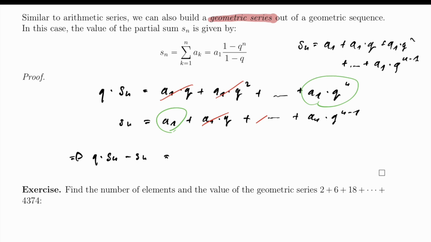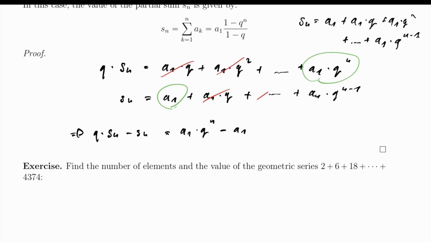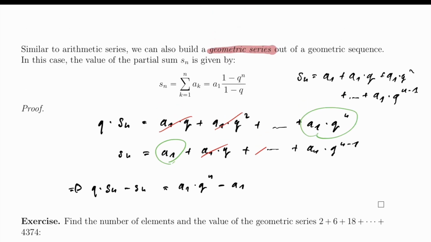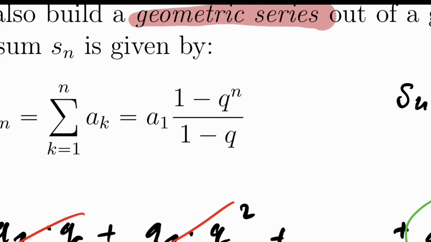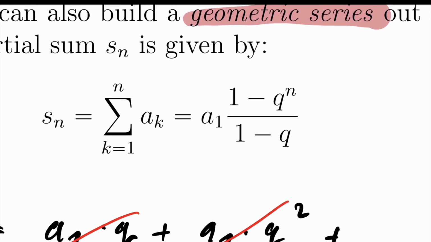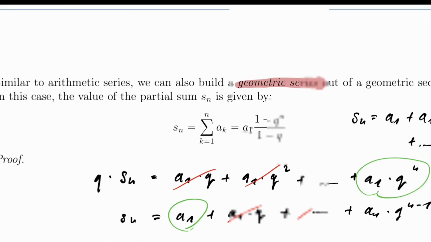So you get a1 times q to the power of n minus a1. And then you can factor out the Sn on the left and divide by q minus 1, and then you get the formula here. So the general formula for summing up n elements of a geometric sequence is this one here, a1 times (1 minus q to the power of n) over (1 minus q).